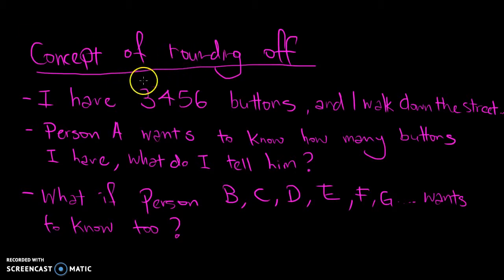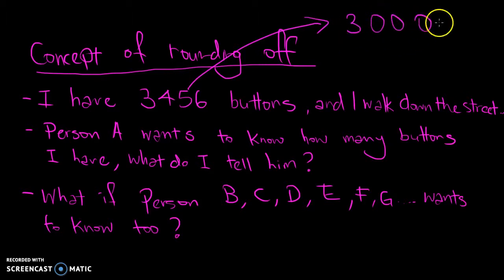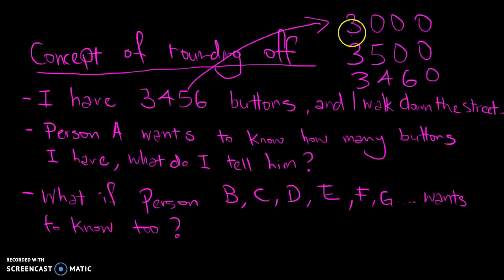I can round this off such that it becomes 3,000, and tell people I have 3,000 buttons. Or I can round it off and say I have 3,500 buttons. Or I can round off to say that I have 3,460 buttons, and it all depends on how accurate you want to be.